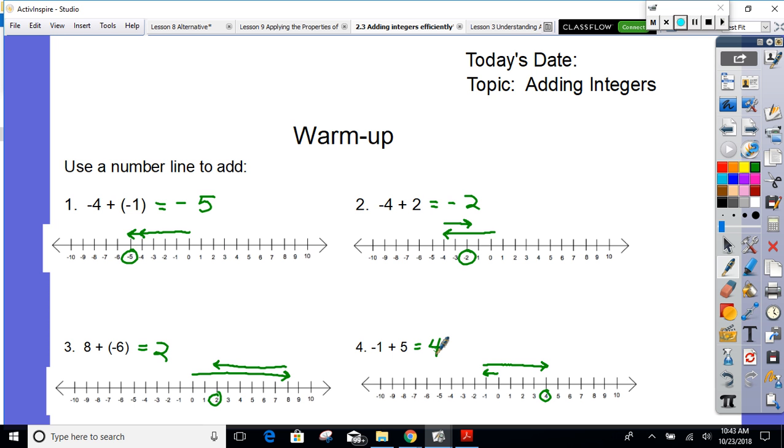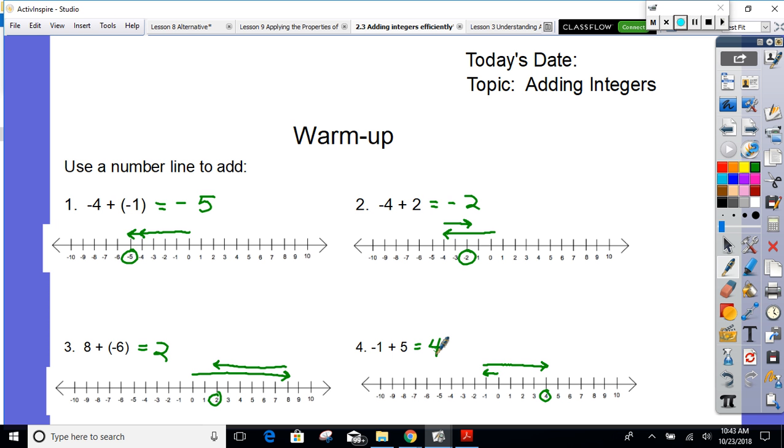Number 6 is -4. Number 7 is -7. Number 8 is -7. Number 9 is -2. And number 10 is -9.